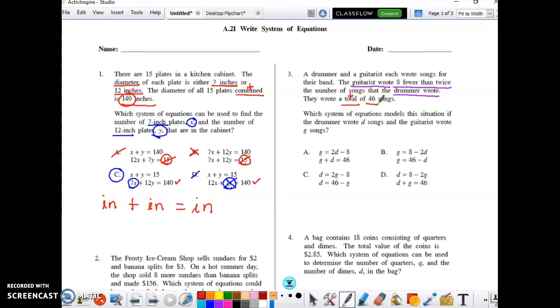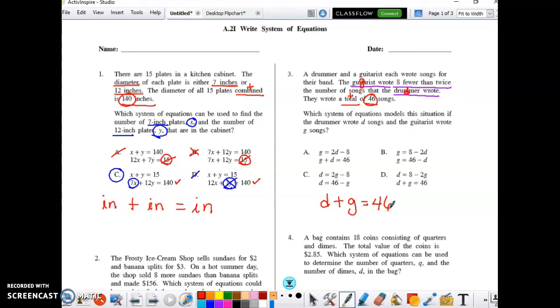Which system of equations models the situation if the drummer wrote D songs? So the drummer, that's my D. D is for drummer. And the guitarist wrote G songs. So guitarist, that's the G, okay? So I know that in total, the drummer plus the guitarist equals 46 songs.